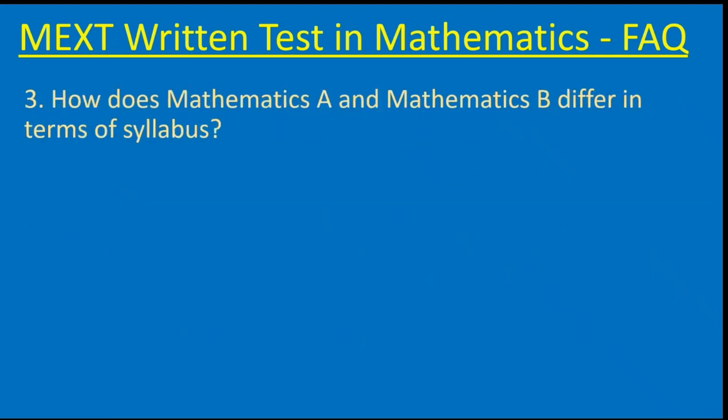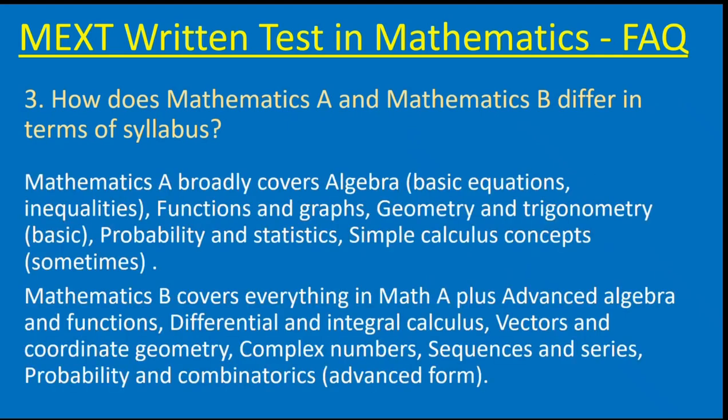Number three, how do Mathematics A and Mathematics B differ in terms of syllabus? Mathematics A broadly covers algebra, which includes basic equations, inequalities, then functions and graphs, geometry and trigonometry, only the basic items, probability and statistics, and simple calculus concepts which are sometimes asked.